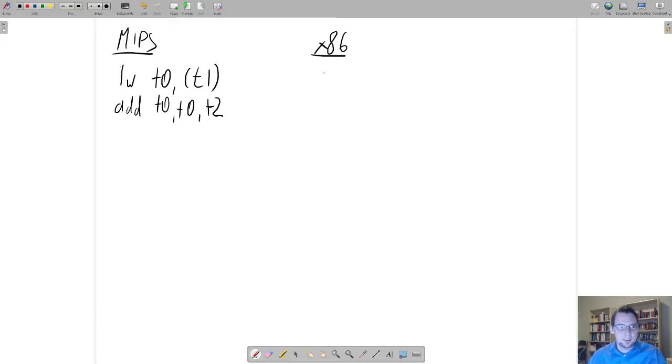And in x86, we can express the same idea with something like add eax, comma, ecx, or something like this, right? We do a memory fetch from some location here. That's the load part. And then we add that to what's currently in t0. I'm substituting t0 for eax.